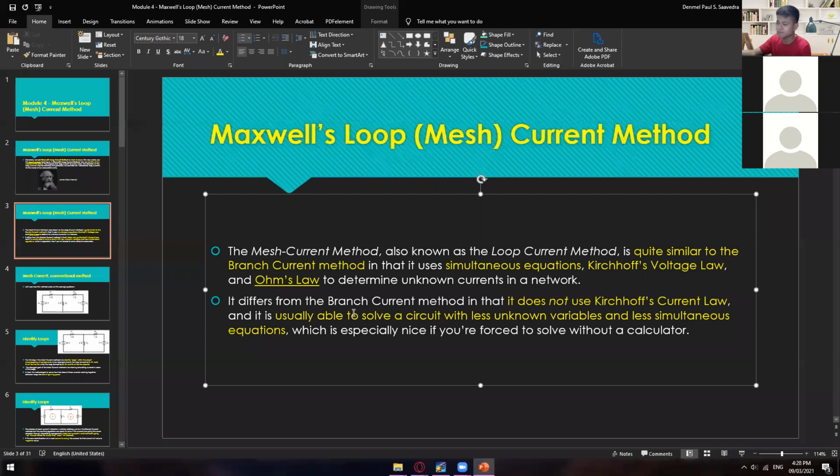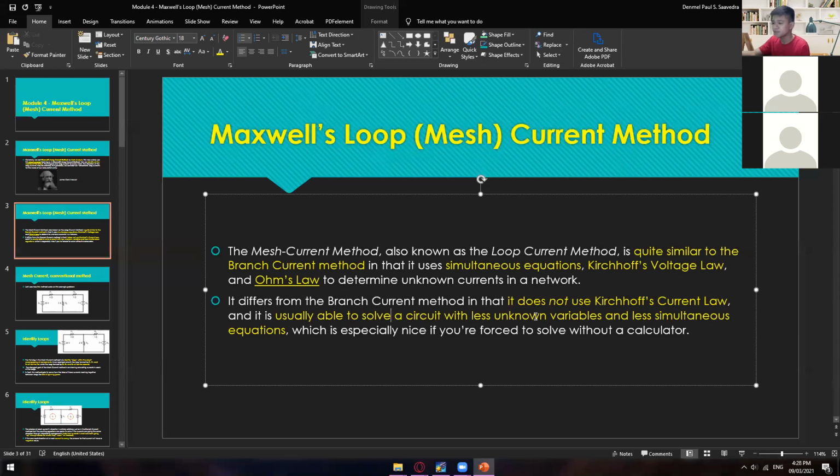So if you haven't fully understood Kirchhoff's law yet, I encourage you to practice more and more until you can master it. Performing the Maxwell loop current method will be super easy once you have mastered that, since we apply what we have learned in Ohm's law and in Kirchhoff's law here.